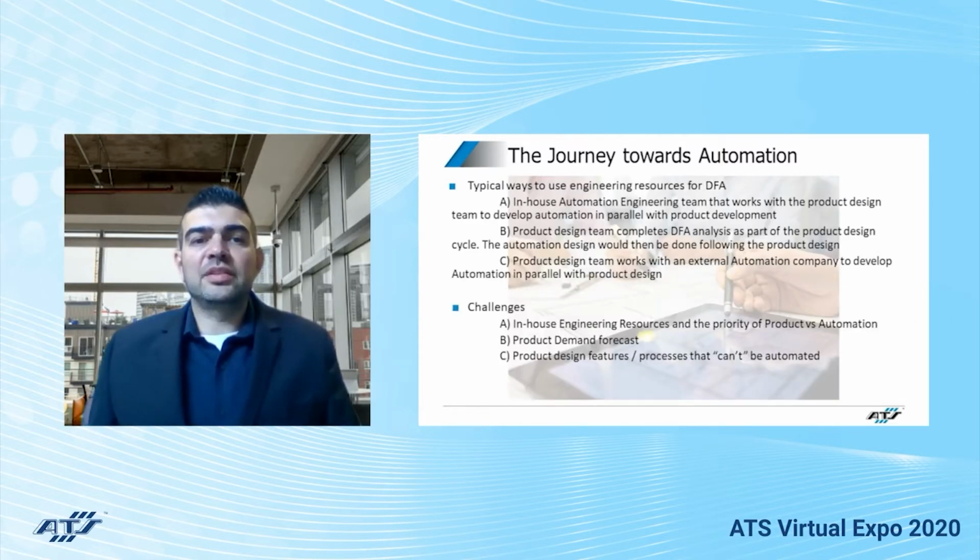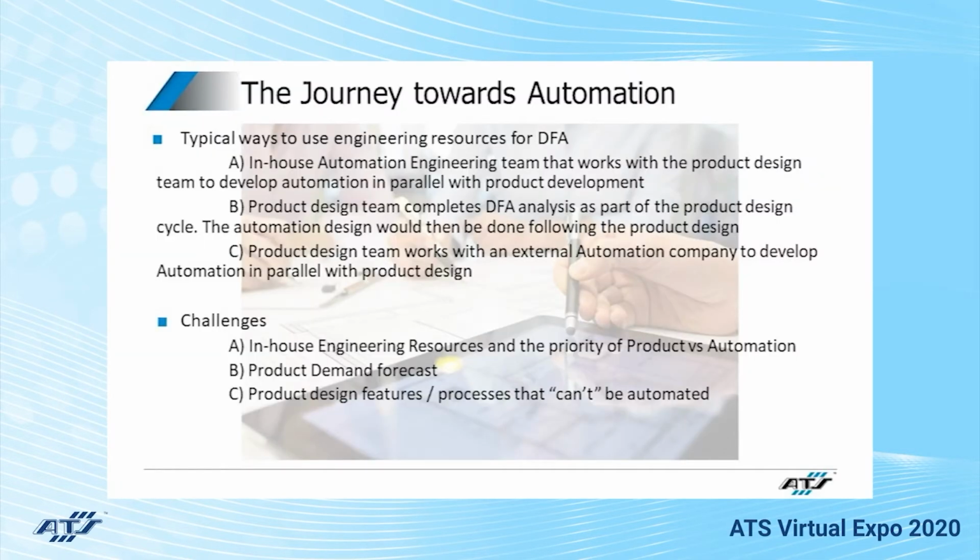There are several typical ways to use the engineering resources for design for automation process. Large companies will have in-house automation engineering teams that work with the product design team to develop the automation in parallel with the product development. This is the ideal scenario for Company X. However, most companies are not large enough and do not have their own automation engineering teams in-house. The more likely scenario is where the product design team completes the DFA analysis as part of the product design, but then will focus on the automation design post-product development.